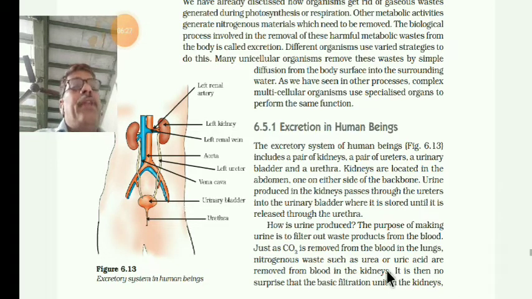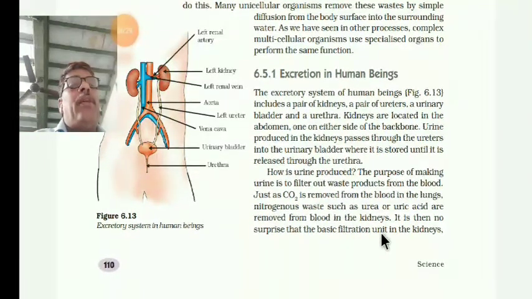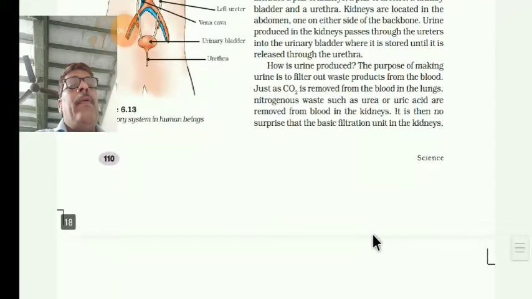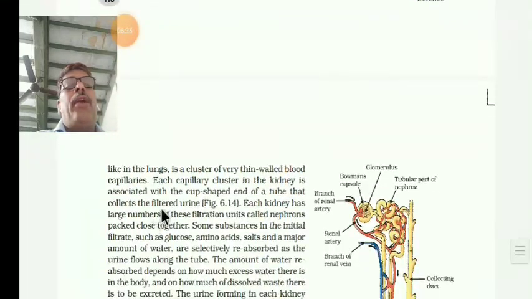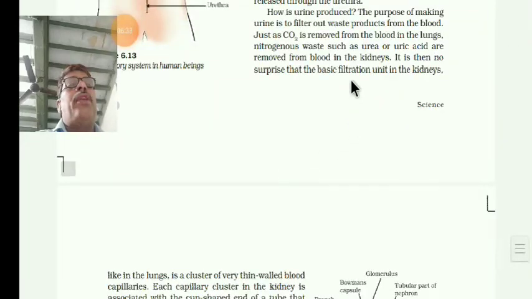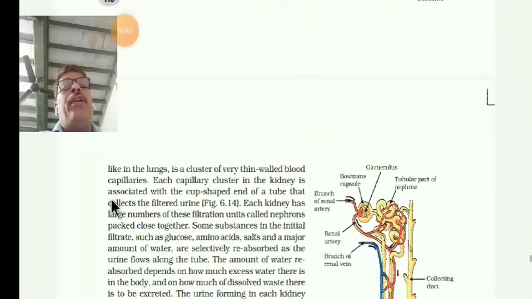It is then no surprise that the basic filtration unit in the kidney is like the lungs. How the lungs remove carbon dioxide, in a similar way kidneys also remove the waste.